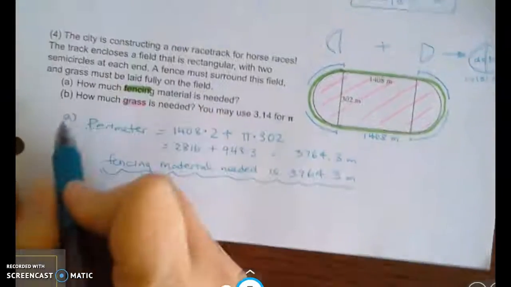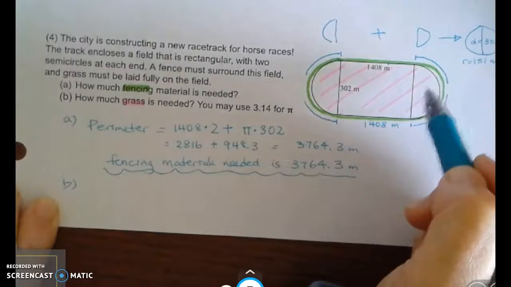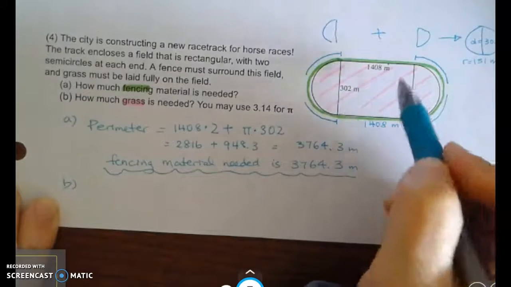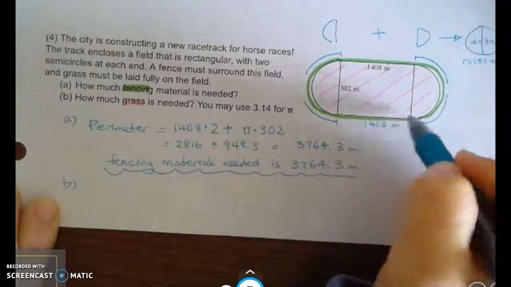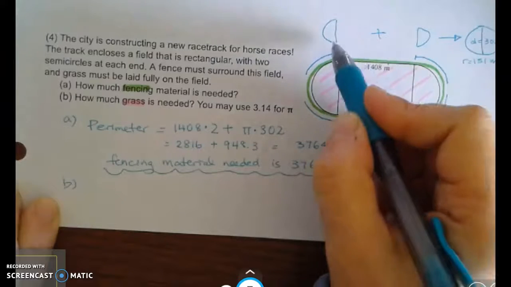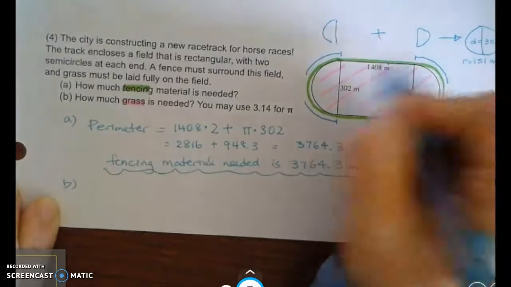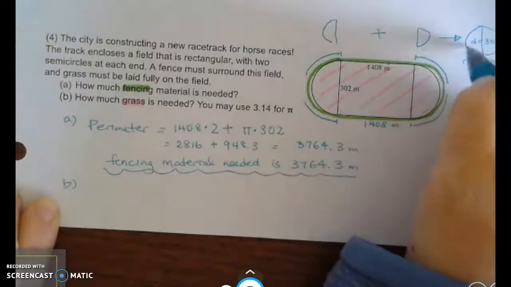Now, for the grass needed, we're really talking about the area of this shape. The area of this shape can be thought of as the area of this rectangle plus the area of half a circle here and the other half a circle here, or we can just bring them together and it's really the whole circle.